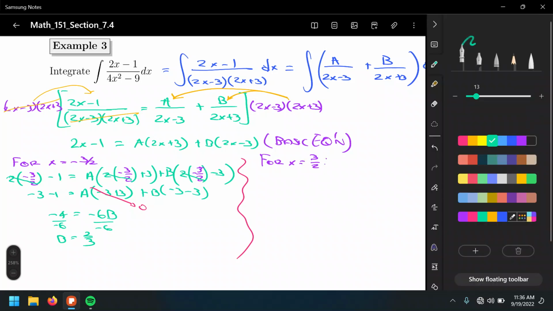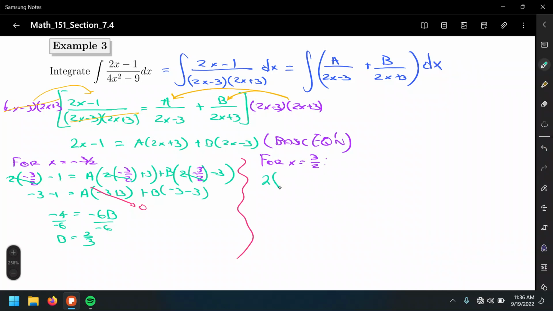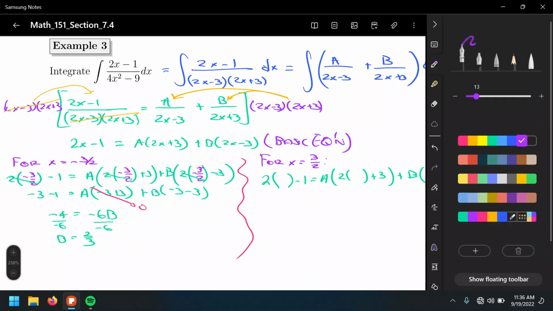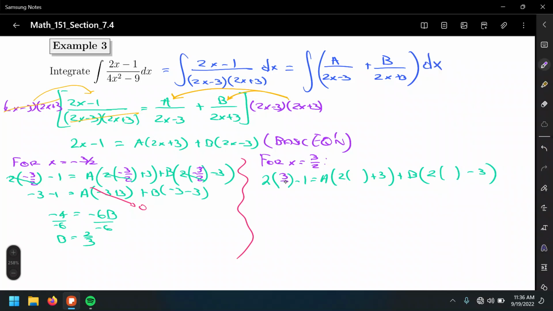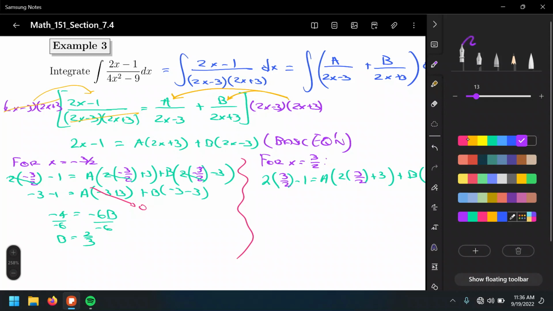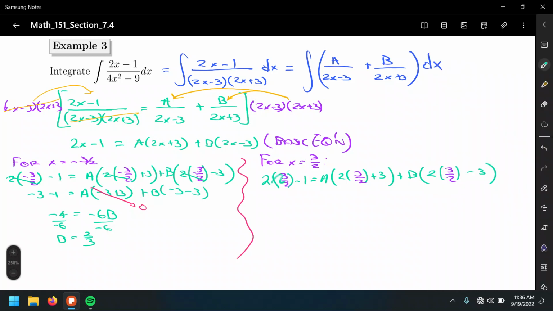2 times 3 over 2 minus 1 equals a times 2 times 3 over 2 plus 3, plus b times 2 times 3 over 2 minus 3. Alright, so that's 3 over 2, 3 over 2, 3 over 2. Let's do the arithmetic here.